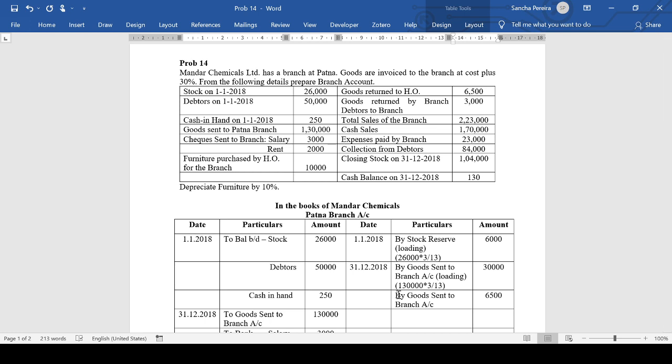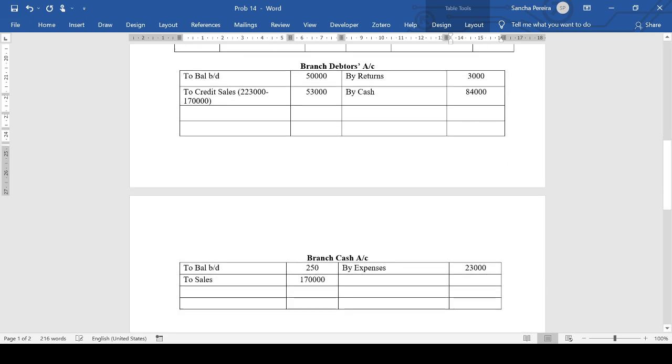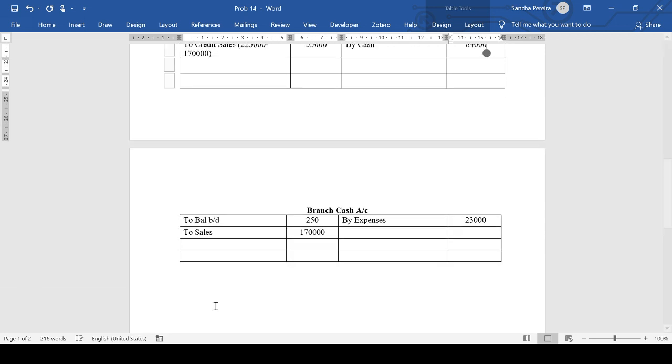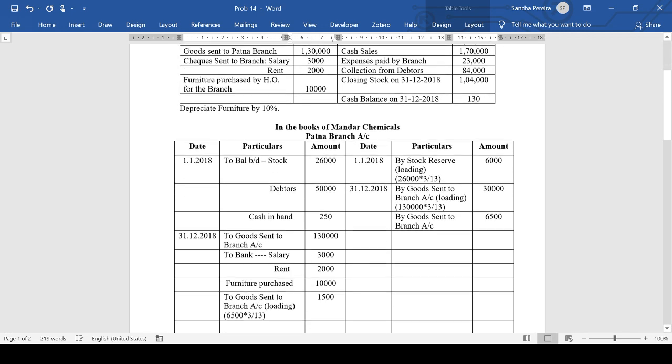So I'm going to put it in the debtors account and the cash account. So by cash, 84,000. Similarly, here it will be to debtors, 84,000.